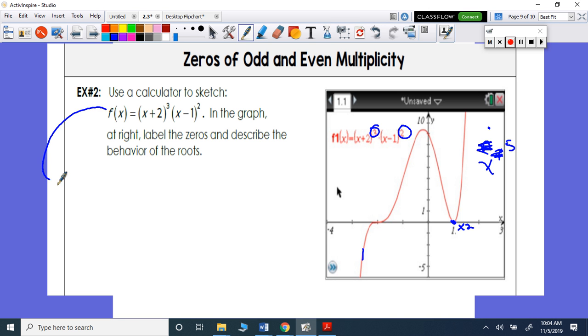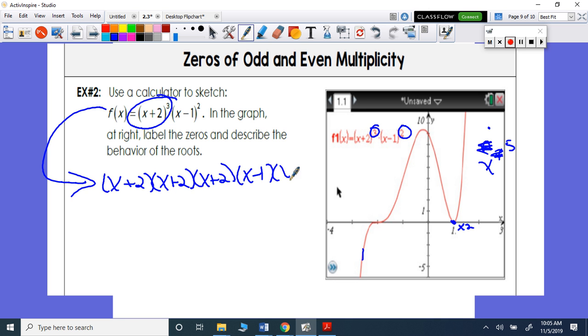But what you need to know, and this is the last section of your homework: how many times does this tell me to write the binomial x plus 2? 3. They have factored it for you. They have been very nice and factored it for you. How many x minus 1s? Okay. So that's why we should expect 4 terms, but we don't because of the multiplicity.